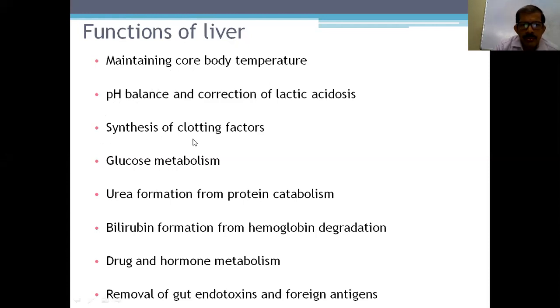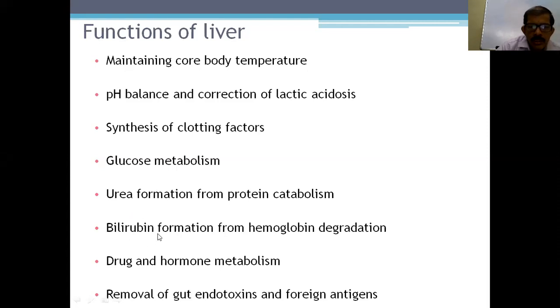Of course, all of you know that it is storehouse or synthesis of clotting factors mainly, and glucose and protein metabolism, and another important function is bilirubin formation. This bilirubin, as you know, will come from the hemoglobin. So this is an optimal utilization of resources. The hemoglobin that is degraded will become bilirubin.